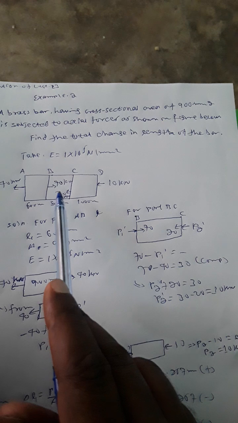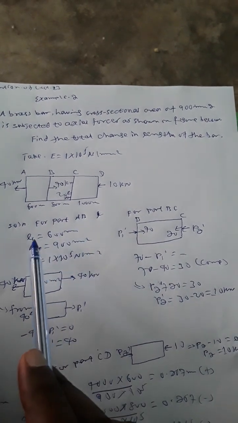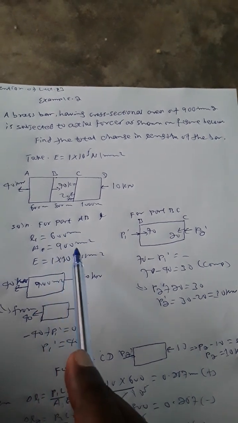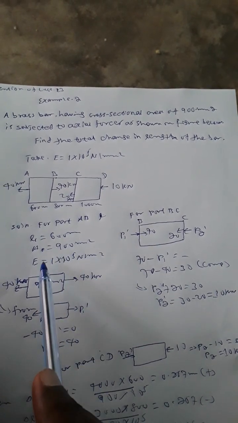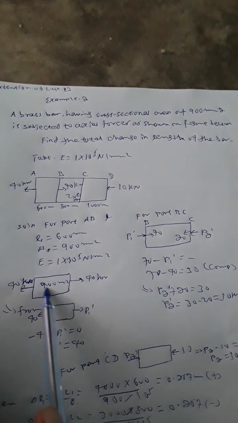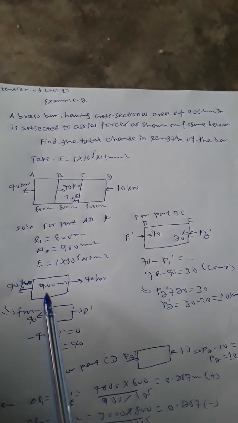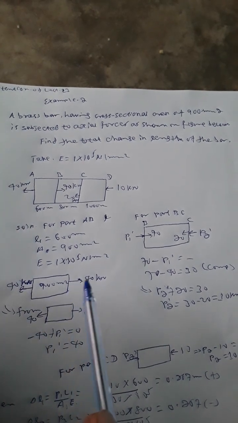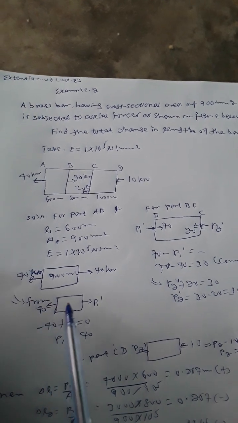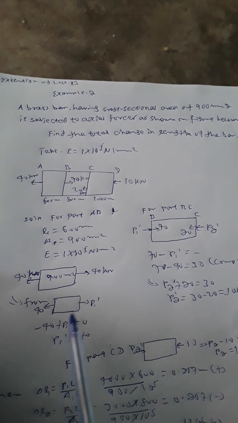Okay, for part AB, L1 is 600 millimeter, cross-sectional area is 900 millimeter square, and modulus of elasticity is 1 times 10 to the power of 5 Newton per millimeter square. 40 kilonewton is applied here, and in the opposite direction, 40 kilonewton, equal to P1 prime. This is for equilibrium.